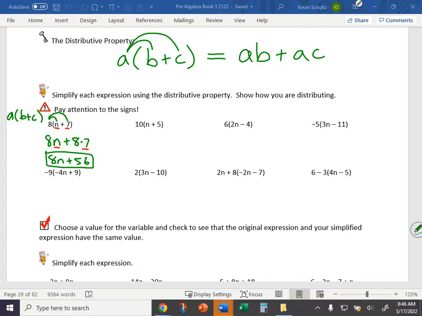Because we can't combine n and 7, they're kind of trapped in there. Right? Parentheses, according to the order of operations, says, do me first. Right? But we can't because we don't know what n is and you're not combinable. So to get rid of that, to go around that, we distribute that coefficient in, and that allows the parentheses to drop off.